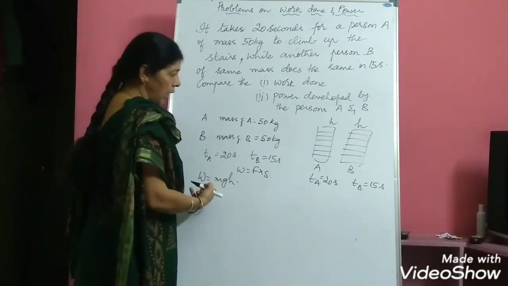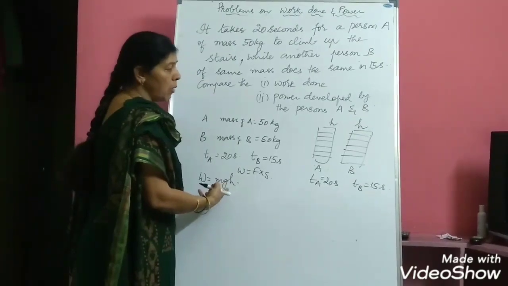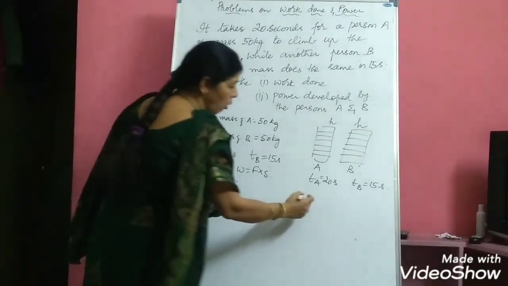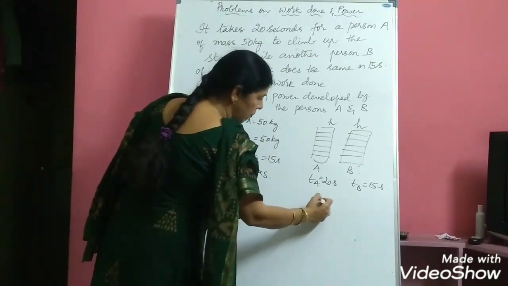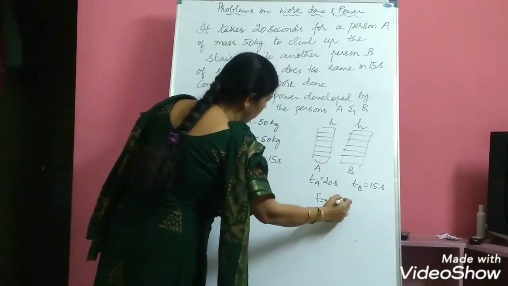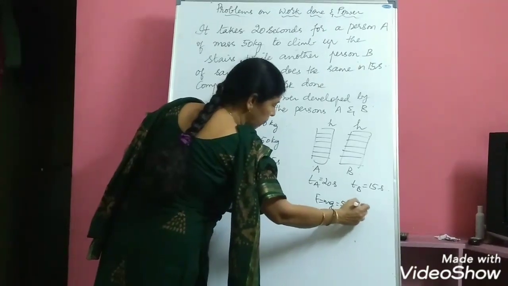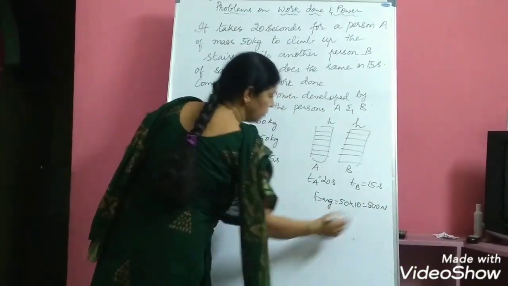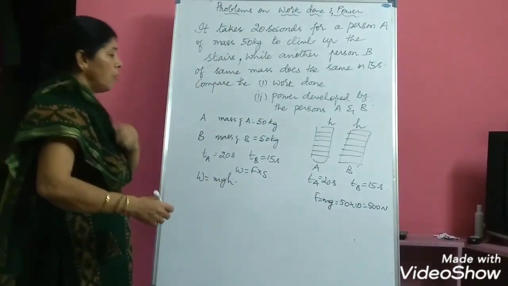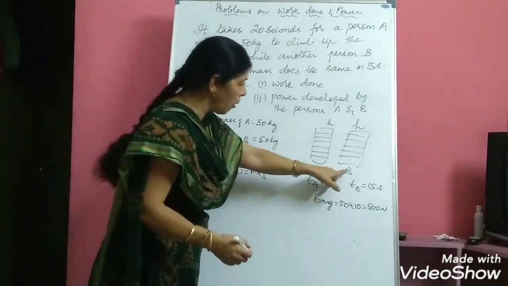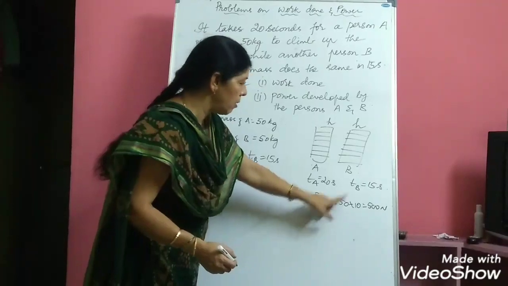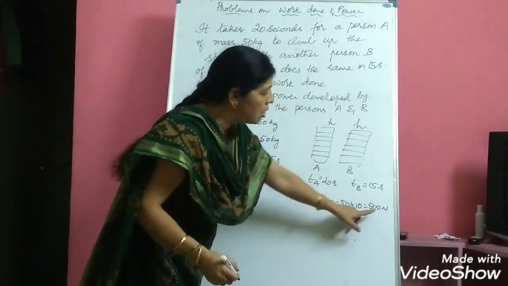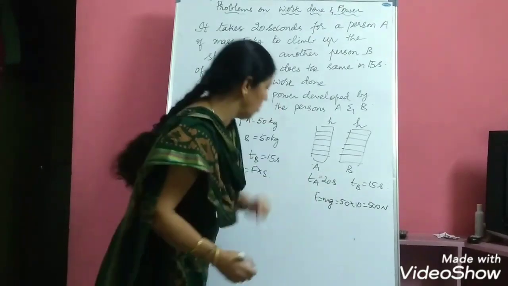Taking g as 10 meter per second square, for A, F is equal to mg is equal to 50 into 10, which is equal to 500 Newton. For B it remains the same, because B also has the same mass and the g value remains constant always. So, it will be 500 Newton only.